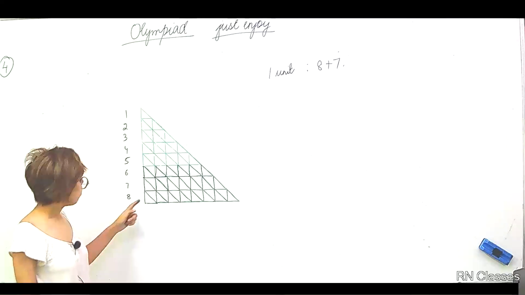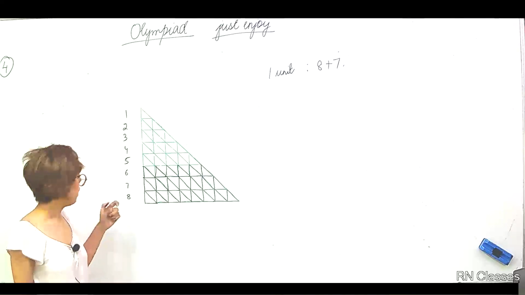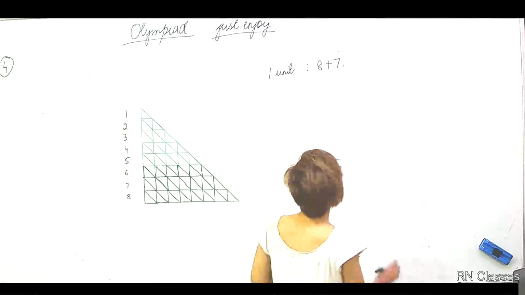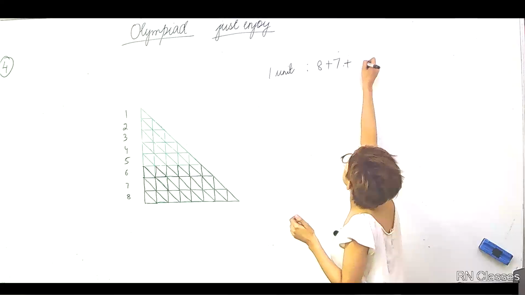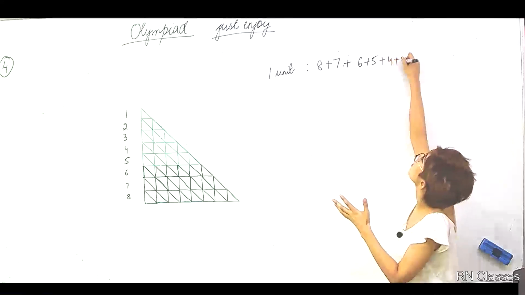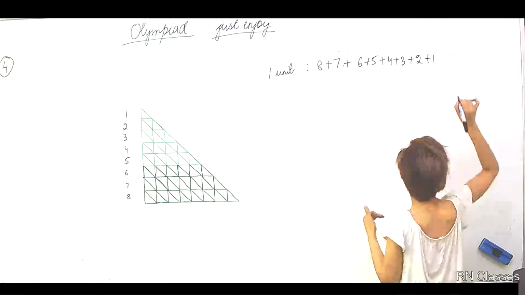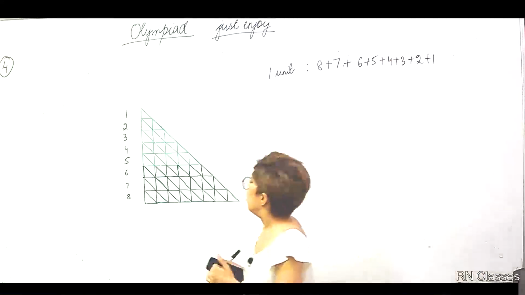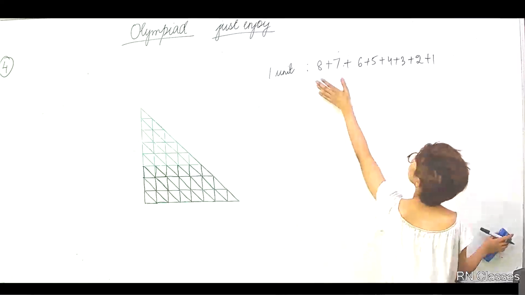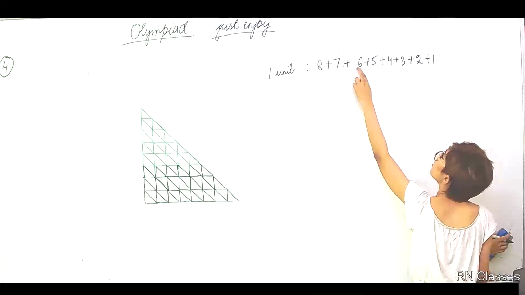Right? So total ऐसे triangles कैसे होंगे? 8 plus 7 plus 6 plus 5 plus 4 plus 3 plus 2 plus 1. Right? 6 plus 5 plus 4 plus 3 plus 2 plus 1. Right? All right. So ये नंबर निकाले लें. ये होगा क्या? So this is 15. 15 plus 6, 21.